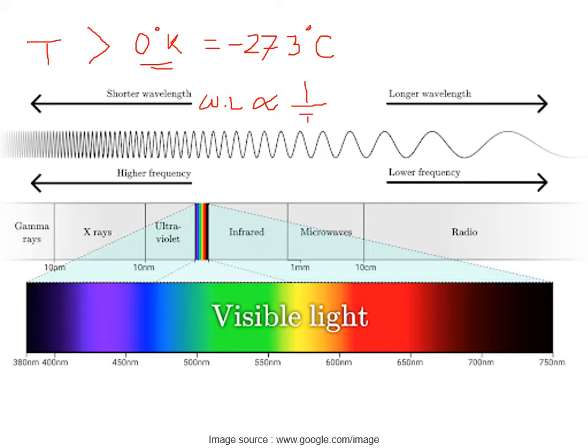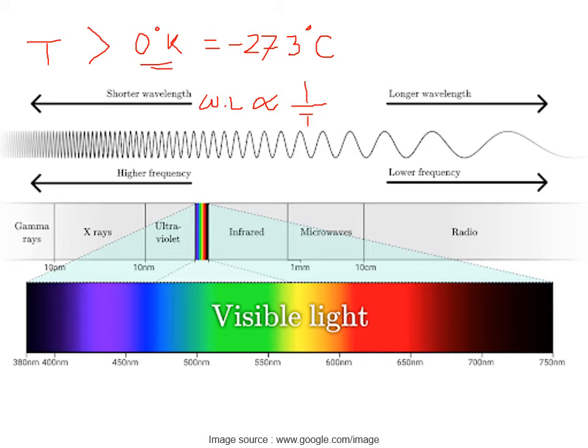The higher the temperature of the body, the lower the wavelength of radiant energy it will emit. Similarly, the lower the temperature of the body, and lower temperature means the temperature of the body must be above absolute zero, the higher the wavelength of radiation energy it will emit.